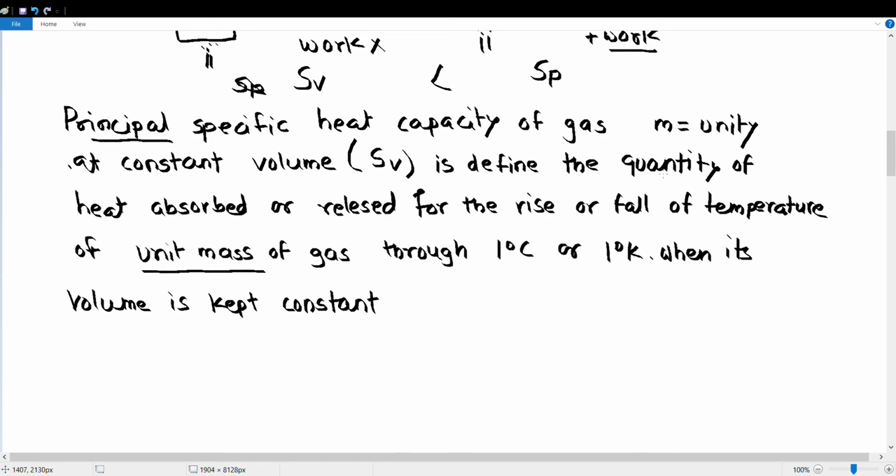Then it is known as specific heat capacity at constant volume.